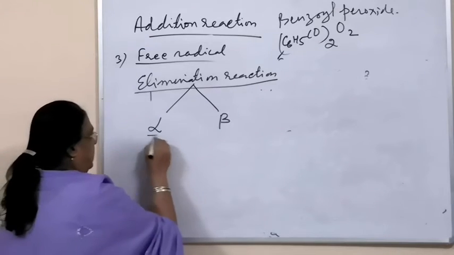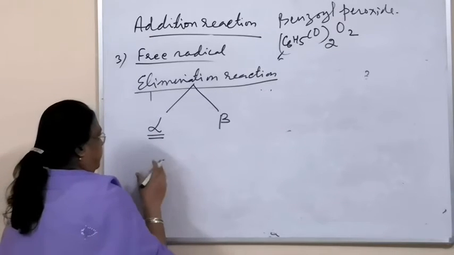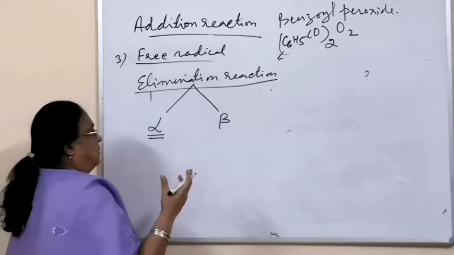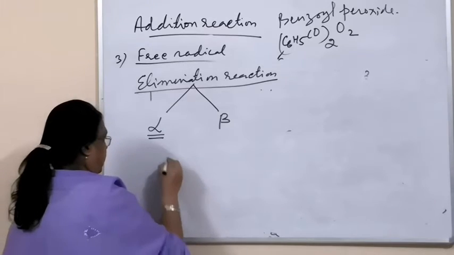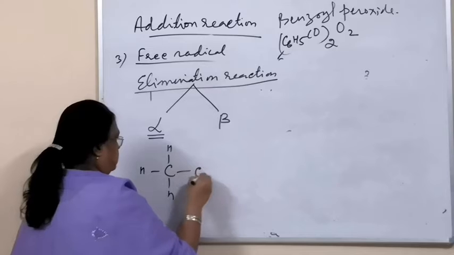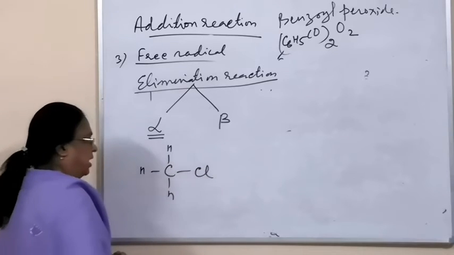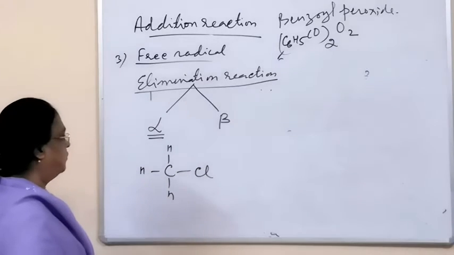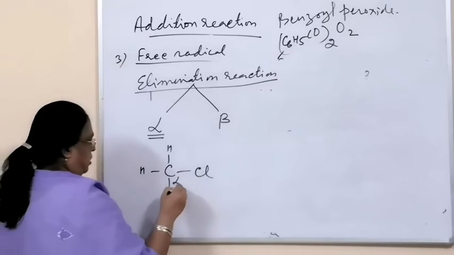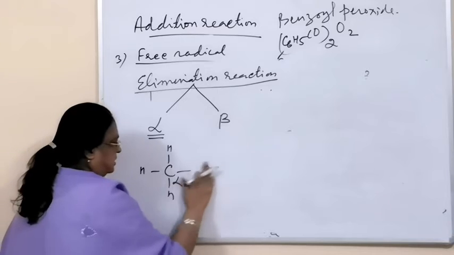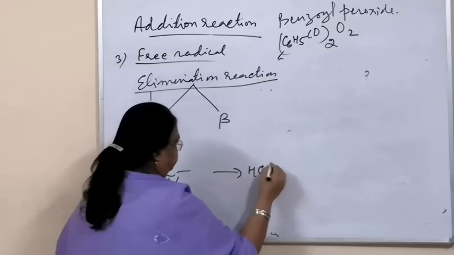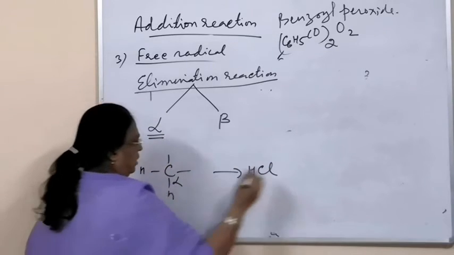If I am talking about alpha elimination, it means removal of atoms takes place only from the alpha carbon. If you have methyl chloride, the carbon to which the halogen or substituent is attached is called the alpha carbon. From this alpha carbon, this chlorine will be out, this H will be out as HCl.